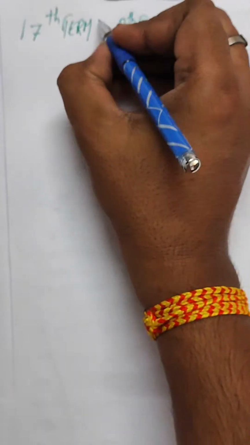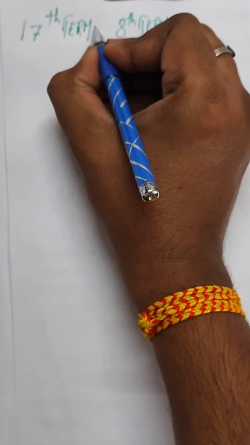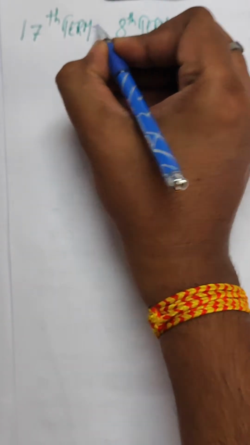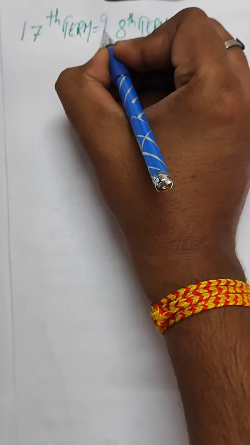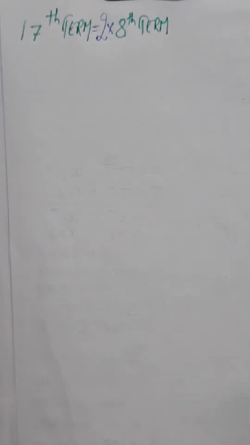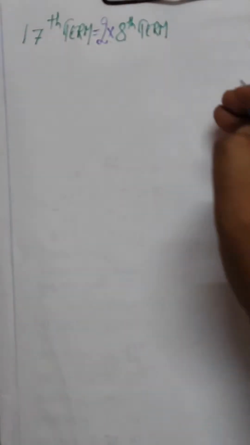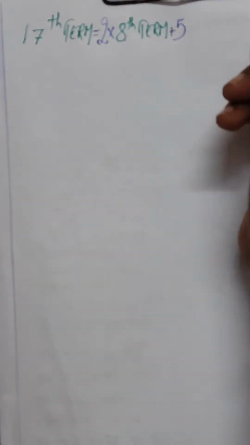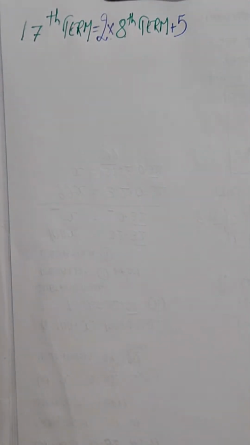So the 17th term is 5 more than, that means twice its 8th term. So 2 times the 8th term, right? Plus 5, right? Because 5 more is given.